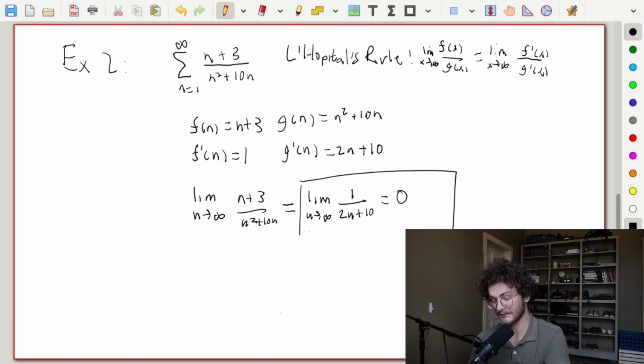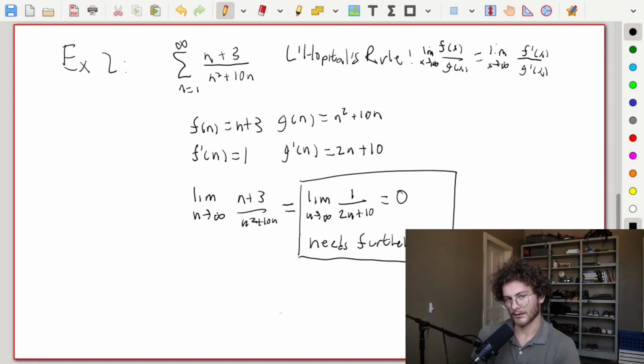Therefore, what we can now say is it needs further testing. Boring outcome. But what we've now done is we've made for certain that this thing is not a ridiculously diverging series. We can do a bit more testing on this to verify for certain that this is, in fact, convergent.